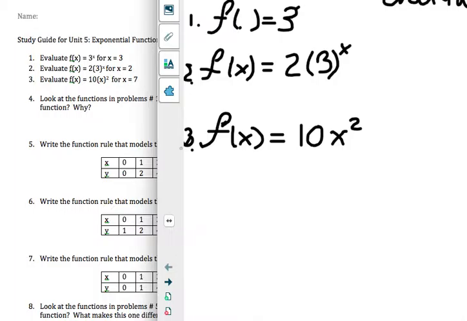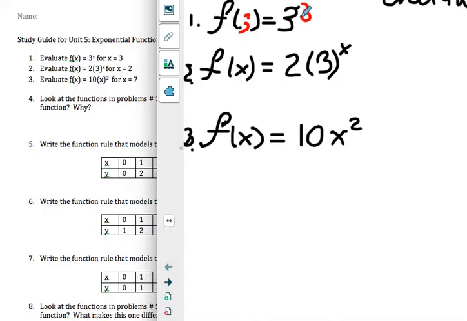So this is going to become a 3. And we're going to put the x, which was right here, we're going to make that a 3 as well.